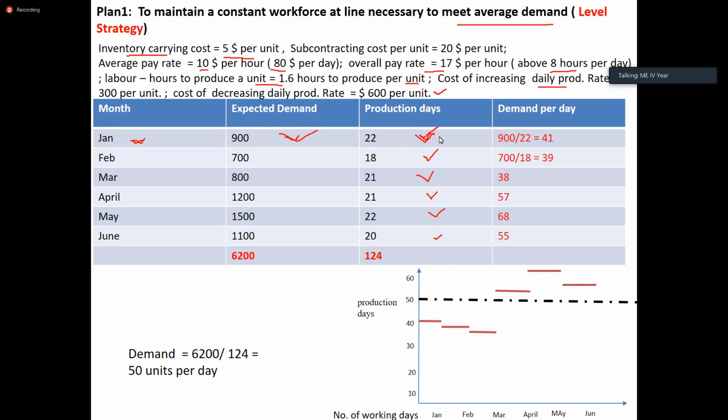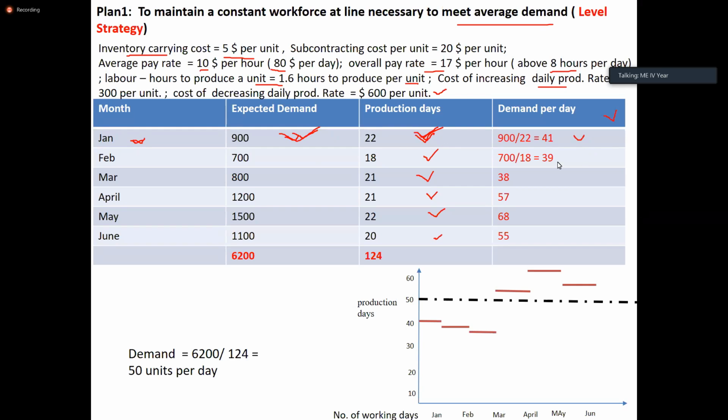Now we have to calculate the total amount we'll spend. For that we have to add demand per day. Demand per day means the total demand in that month divided by how many days the company will work in a particular month. So you'll get this demand per day: 900 by 22, you will get 41.